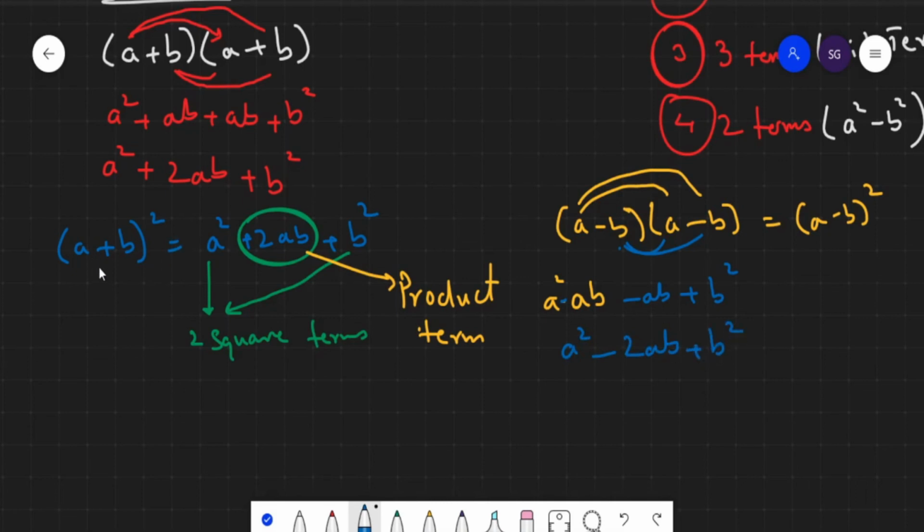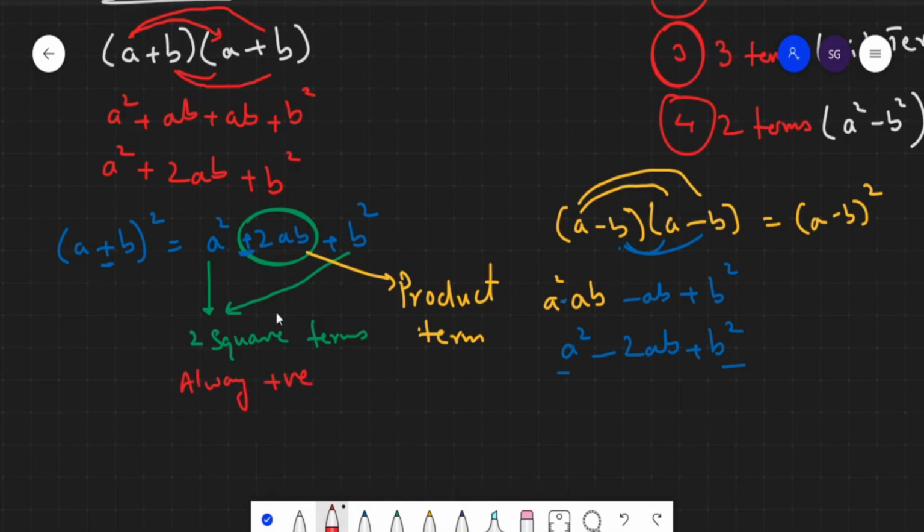So in short, if I could write these two results together, if it is a difference, if there is a negative sign here, then the negative sign is transmitted to the middle term, which we call the product term. The square terms are still positive, as you may notice from here. Make sure you have these two square terms positive.